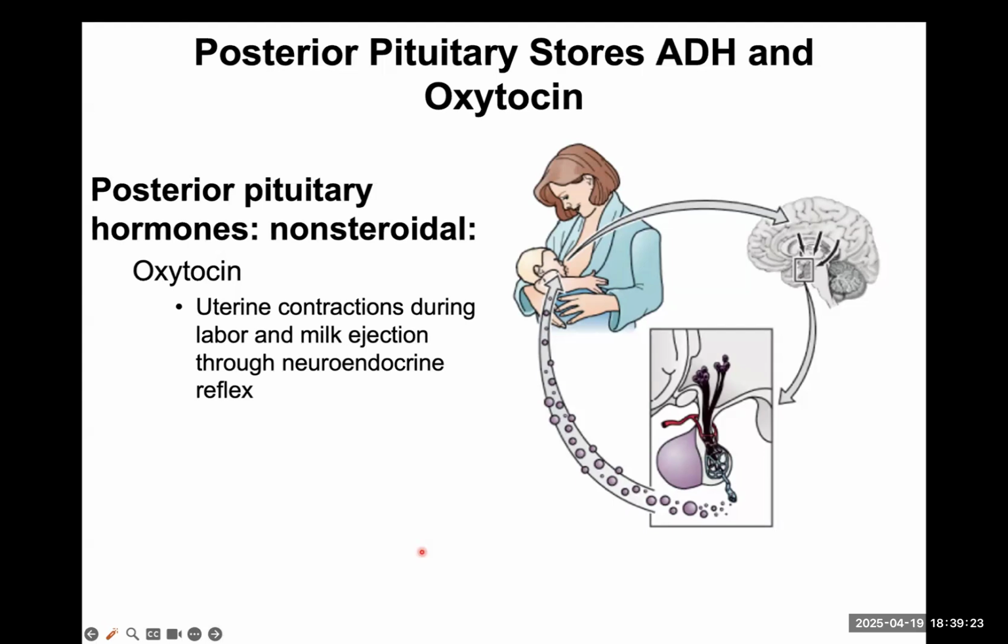So if a woman wants to plan the birth of her baby, for example, she says, okay, I want my baby to be born on this day. She can schedule with her doctor, and they will arrive the day before and do a drip of Pitocin, which is similar to oxytocin.